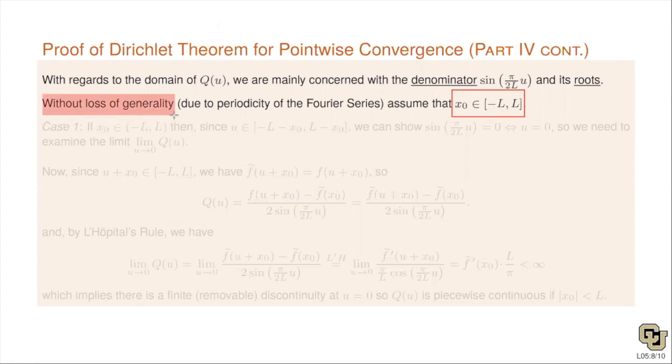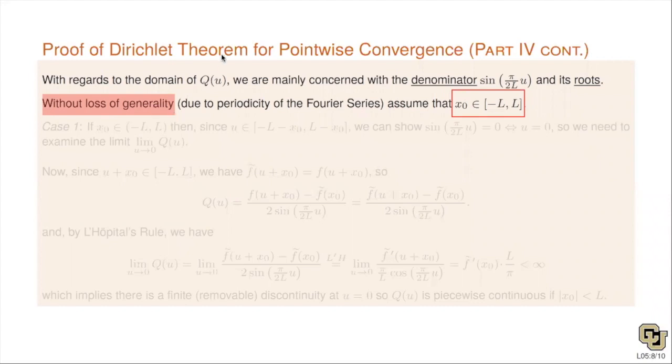What that means is I haven't imposed any further restrictions, and I haven't made any new assumptions. This assumption is allowable and will not in any way hinder the generality of the result that we're about to prove.